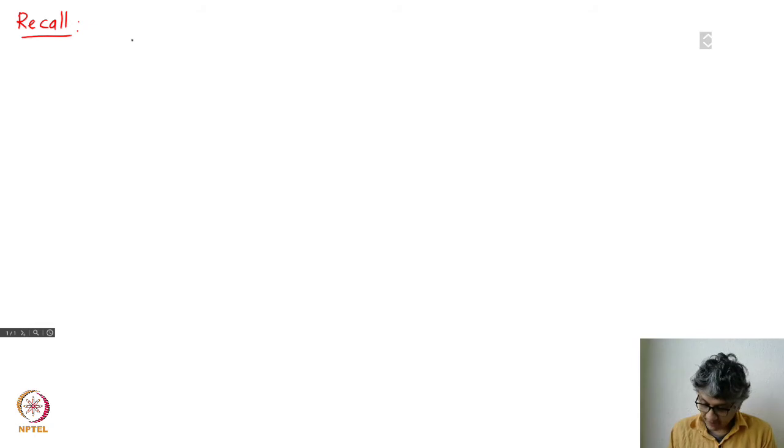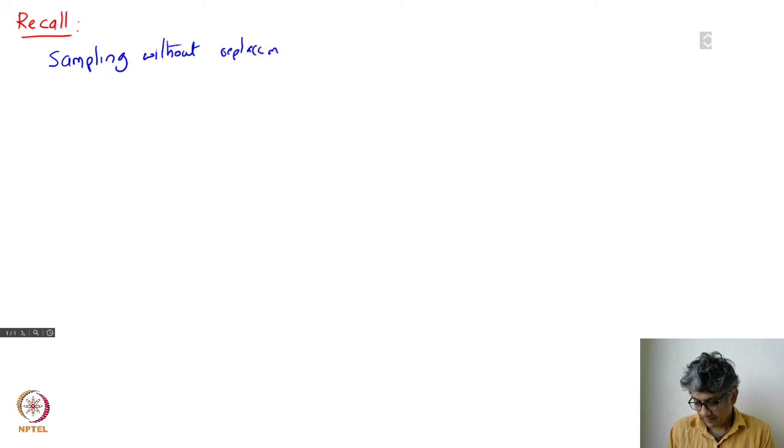We had this concept of sampling without replacement. That was the first time we discussed sort of dependency across trials. And then in this context, we saw the hypergeometric distribution.